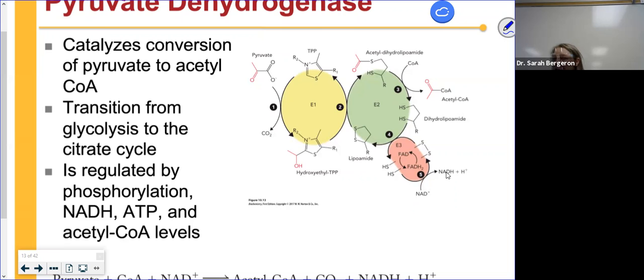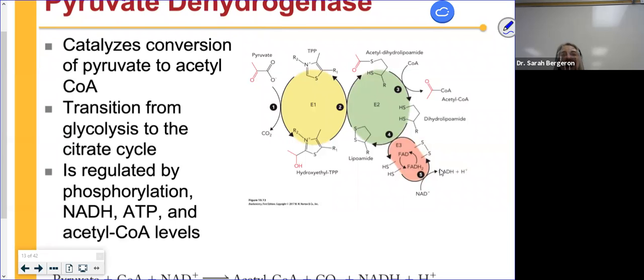Look at NADH. If we require NAD+ as a cofactor in order to make pyruvate dehydrogenase happen, what happens if we hit high levels of NADH? That means that we're making tons of acetyl-CoA, but do we need it?